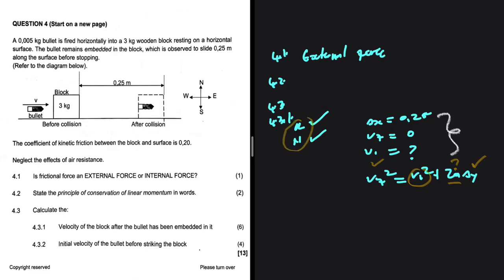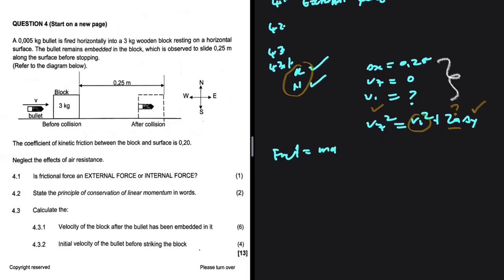We can use F net. F net is equal to MA. There's only one force acting on our object, the frictional force. So the frictional force is equal to MA in this instance. The coefficient of kinetic friction is 0.2, and we multiply that by the normal force. The normal force is the mass multiplied by 9.8. What is the mass? The bullet is embedded in the block, so we have 3 plus 0.005, multiplied by 9.8.